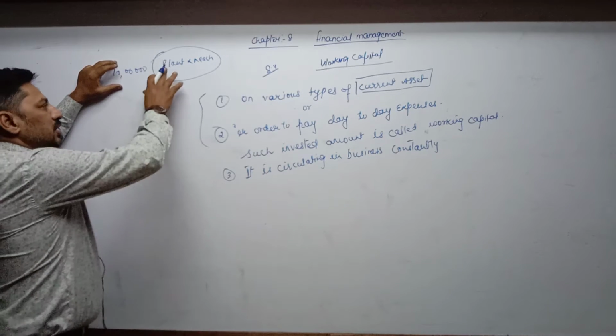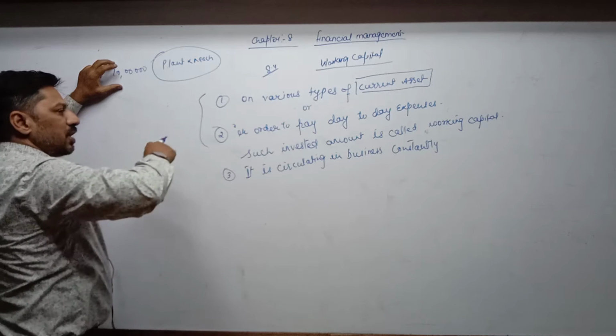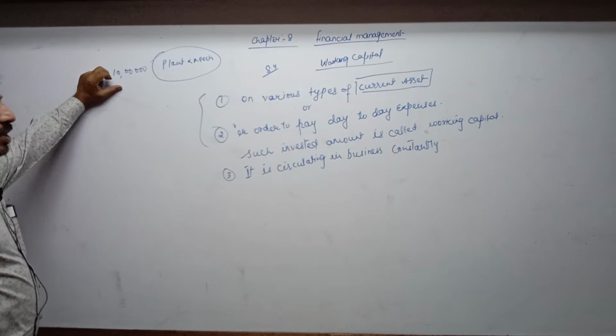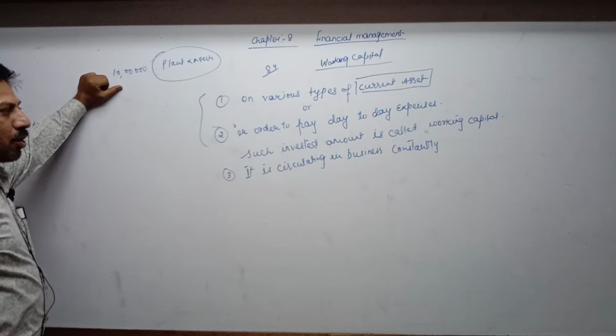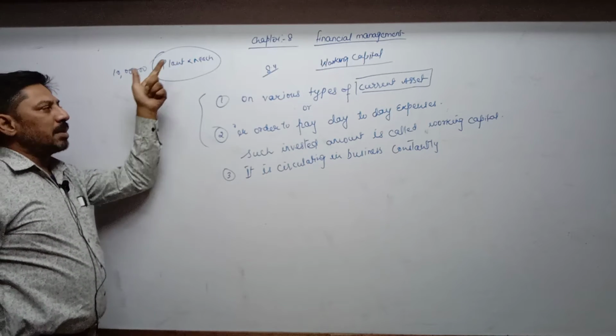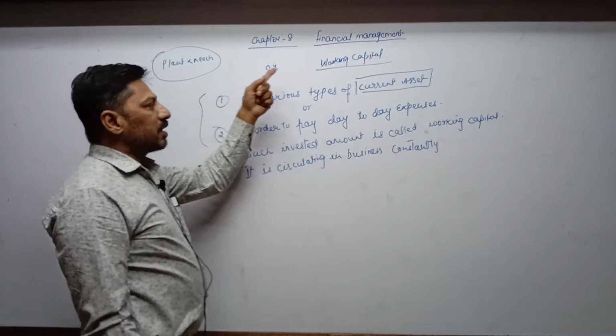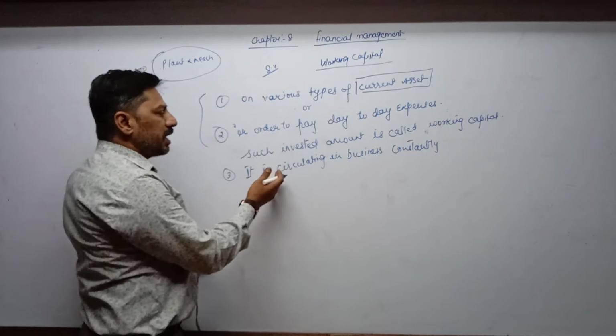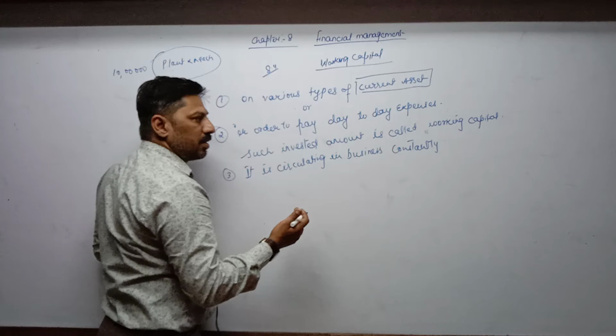That's why the amount invested on fixed asset is called fixed capital, and it is invested for a longer period. But so far as working capital is concerned, it is circulating in business constantly.